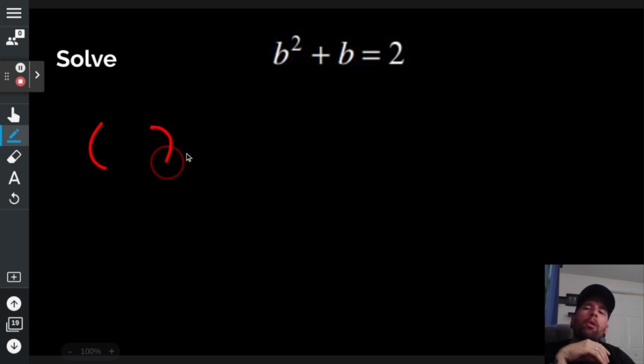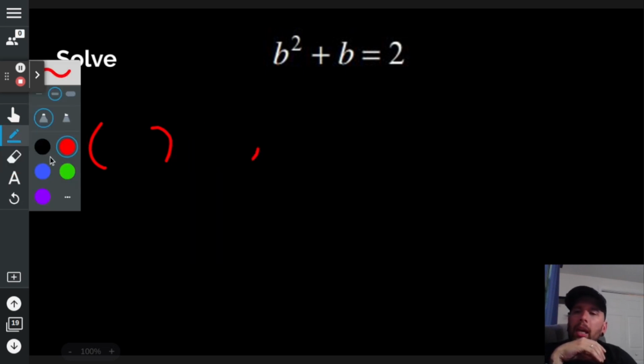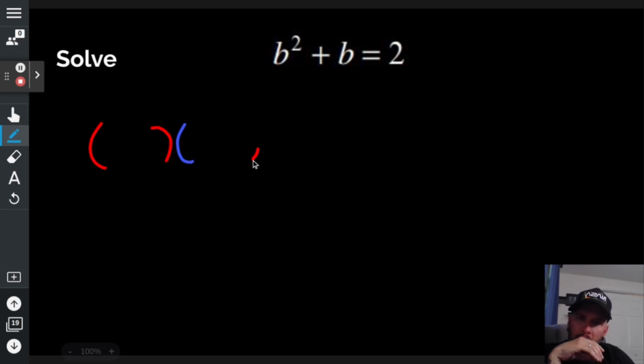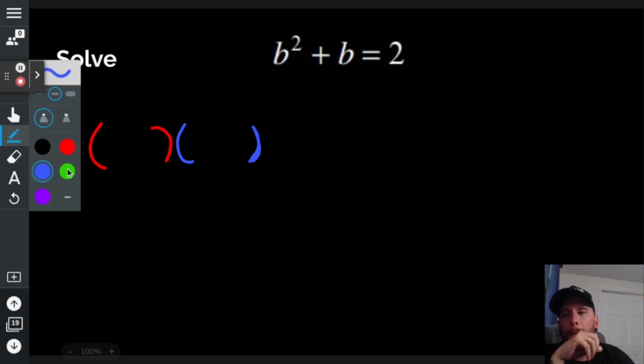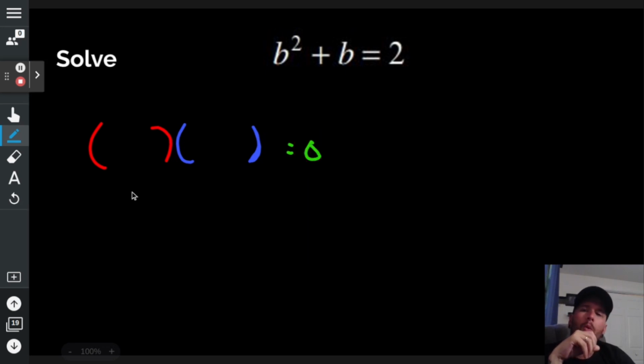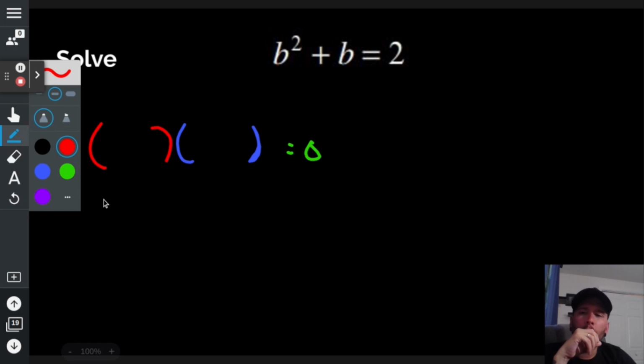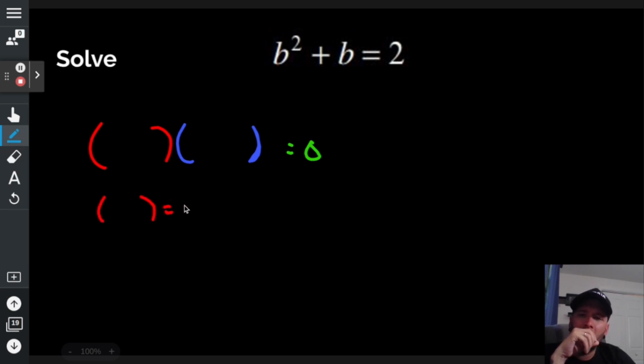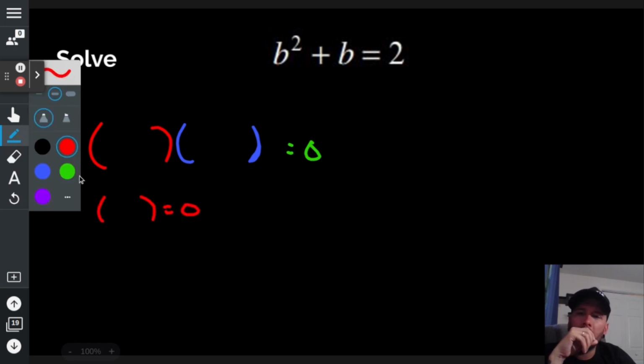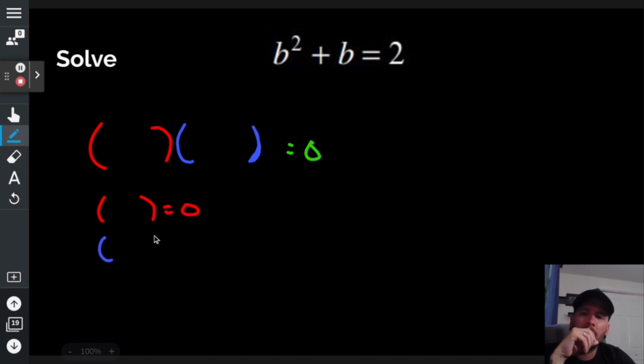If I have a parentheses times a parentheses and it's equal to 0, what you do is you set one of those parentheses equal to 0, and you set the other parentheses equal to 0, and you solve the stuff on the inside. What I'm going to do here is very much the same thing.